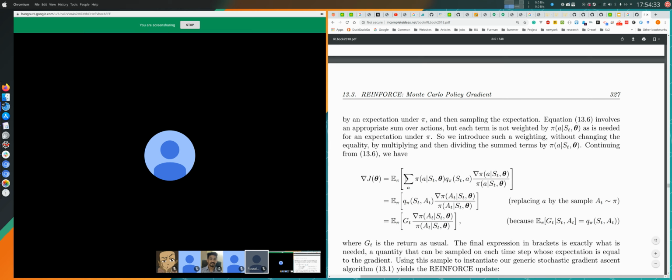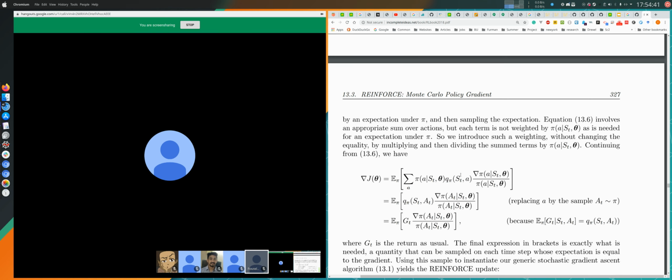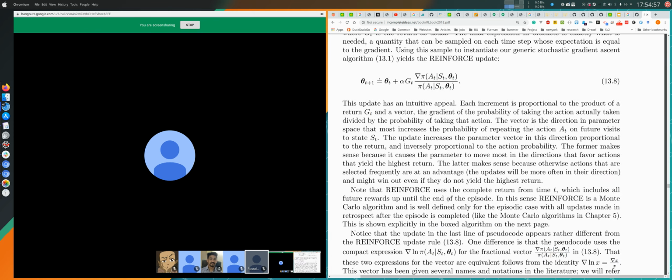And then this part, he has some notation. It's like changing from the samples of the random variable to the random variable itself. But then it goes over here, replaces this term with an A_t, and then you just have this part. And then this part is the log.